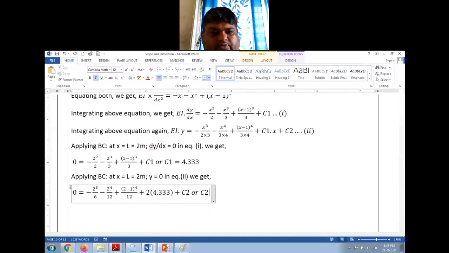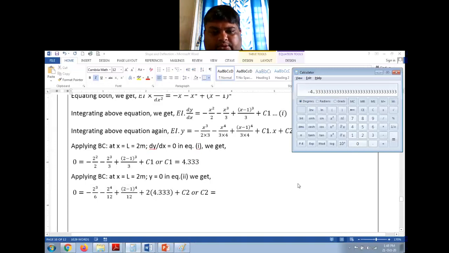C2 is equal to, let us calculate. So 2 into 4.333 plus this will be 1 by 12. 1 by 12 minus 2 raised to 4. 2 raised to 4 is 2 cube is 8. 8 into 2 is 16.